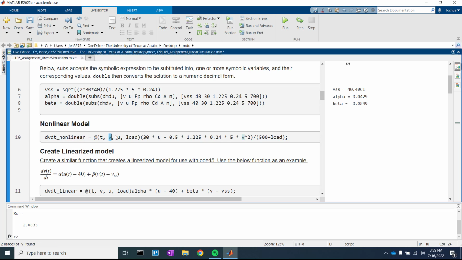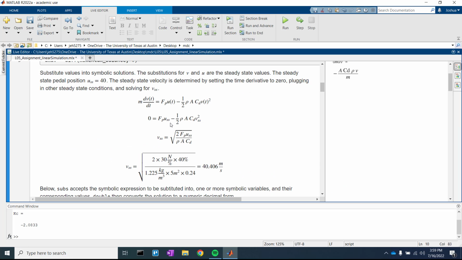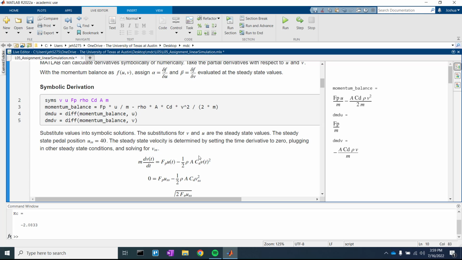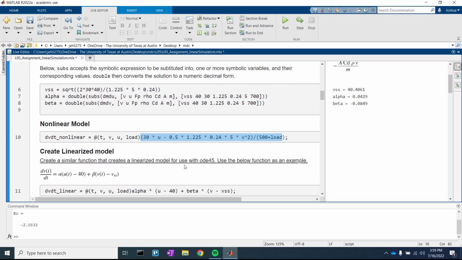Then we need velocity, u, and the load as arguments to the function. What it will give us back is this right here, and that's just the equations we have right here, with this right-hand side divided by m.